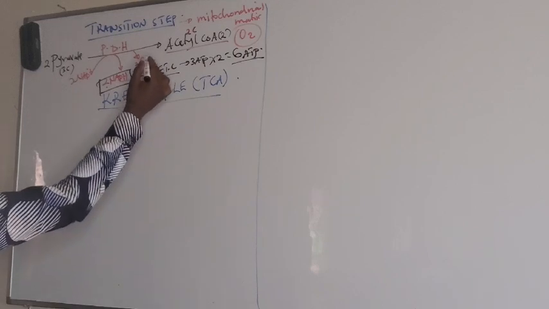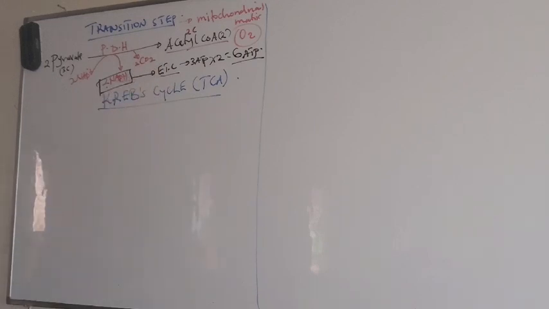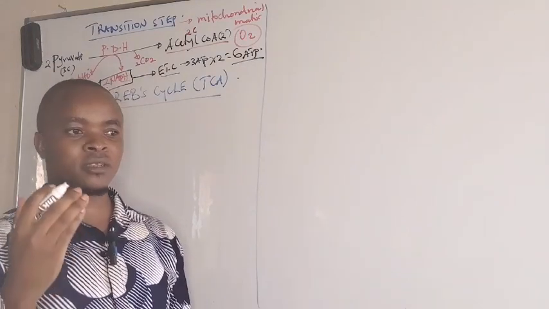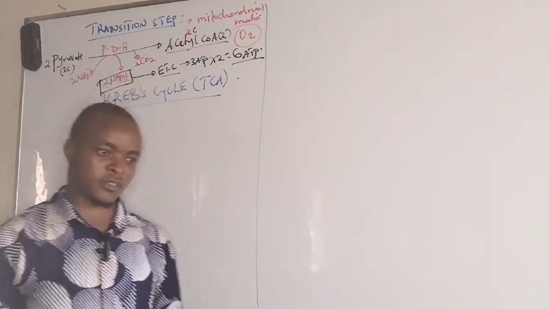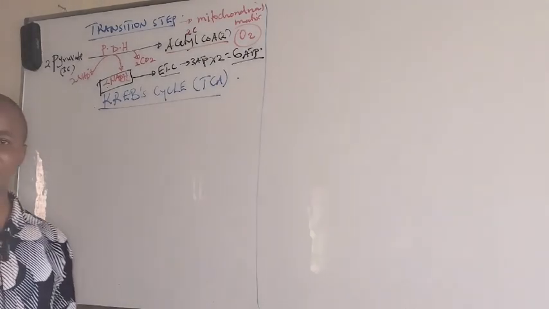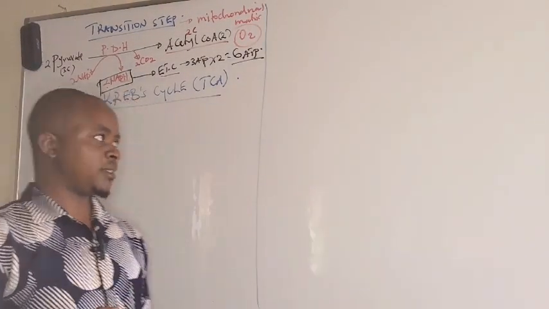Then the acetyl-CoA formed is the precursor of the Krebs cycle. This leads us into the Krebs cycle, which we call the tricarboxylic acid cycle, because it contains tricarboxylic acids. It is also known as the citrate cycle, because the first product formed is citrate.